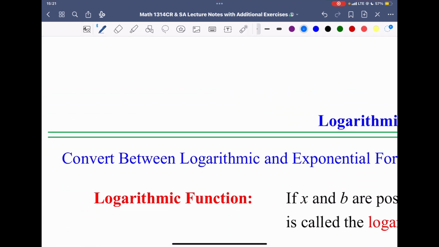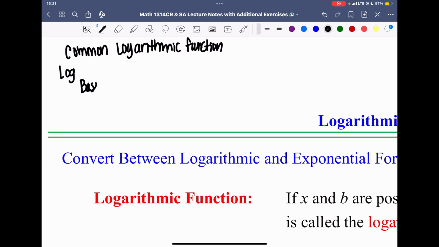So you're going to have a common logarithmic function, and that's written as log with a base as a subscript, base b, with the argument, and the argument's represented as x equals y.